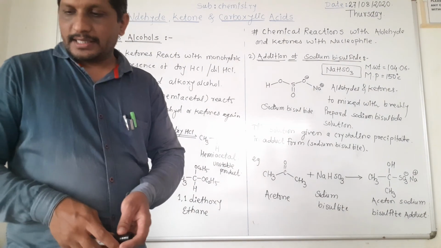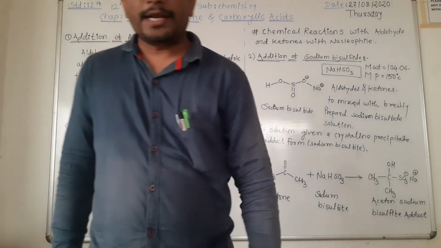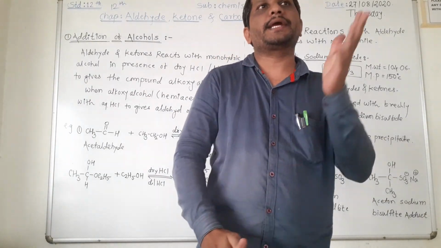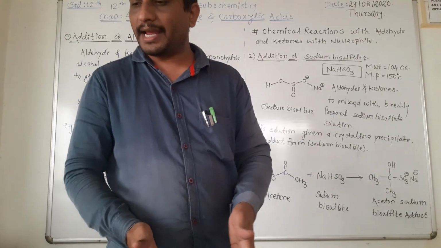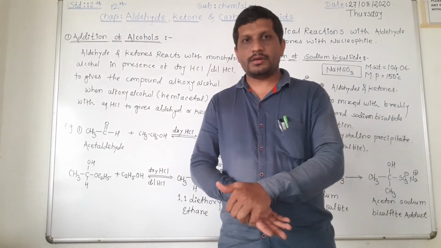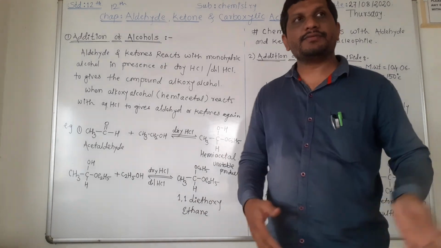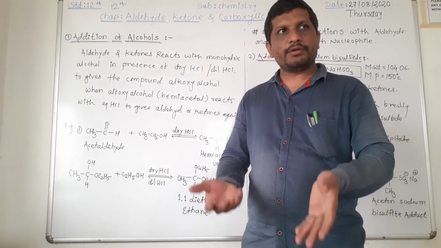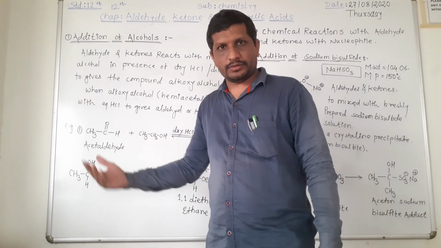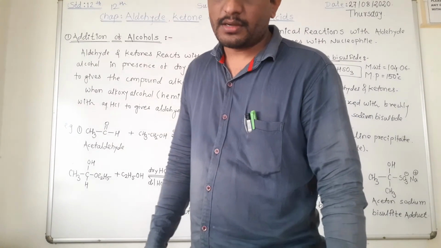In this way, this acetal and ketal hydrolyze in presence of mineral acids to give the corresponding aldehyde and ketones also. This hemiacetal again reacts with mineral acids to give the primary reactant, meaning aldehyde and ketones again, and that's why these are reversible reactions. Thank you.